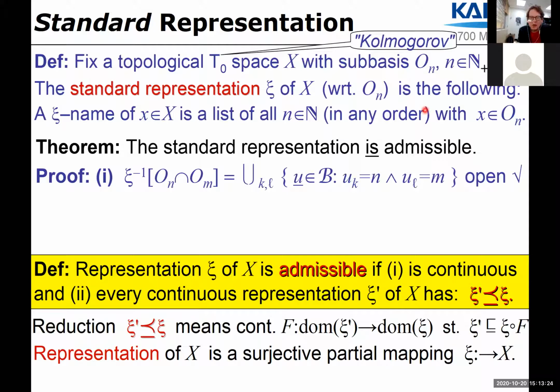Remember, Xi is our mapping from our base space, Baire space, onto the space X. And in the space X, we have this subbase. So in particular, we have an initial supply of open sets, namely the sets in the subbase. Being continuous means the preimage of an open set must be open, in particular the preimage of a subbase element. But actually, the preimage of every open set must be open.